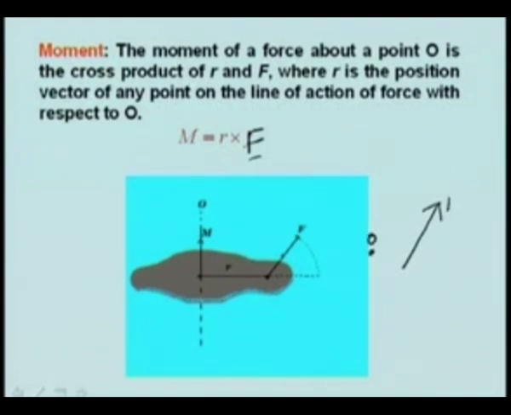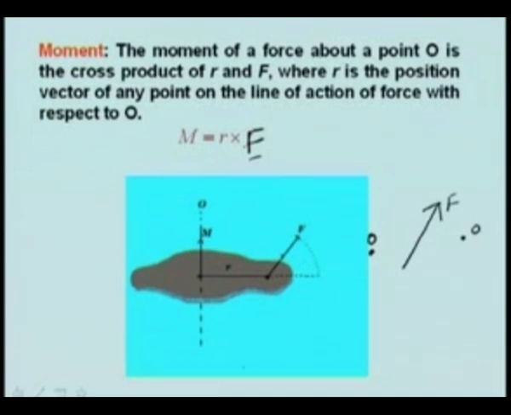If I stand on this force and I look towards the arrow, this point O is towards the left hand side, therefore the moment is positive and it has a tendency to move the body about point O in the counterclockwise direction, whereas if the point O is this side, then the moment of F will be negative.